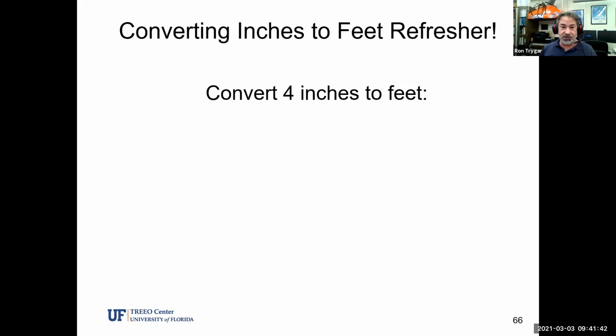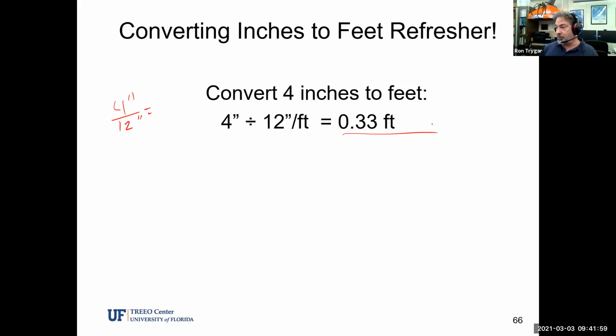We have 4 inches. How many feet would that be? So, 4 inches divided by 12 inches per foot. 4 divided by 12, I got 0.3333, which goes on, so let's go out to the second decimal place and say 0.33 feet. How about 9 inches?